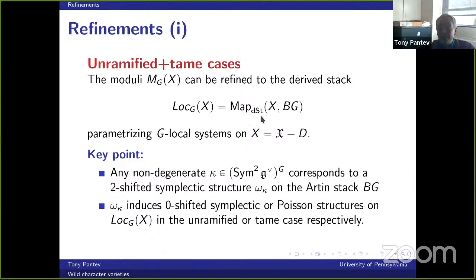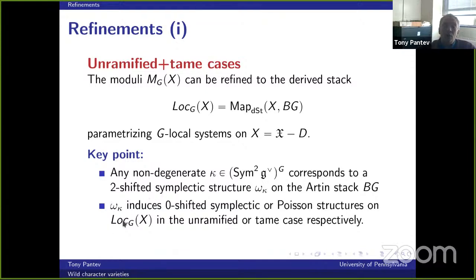And a mapping stack from an orientable space with orientation dimension d to anything which is symplectic with a shift is actually symplectic with a shift which is the original shift minus the dimension of the orientation. And since we're dealing with a surface here and BG is two-shifted symplectic, the mapping stack will be symplectic with zero shift.